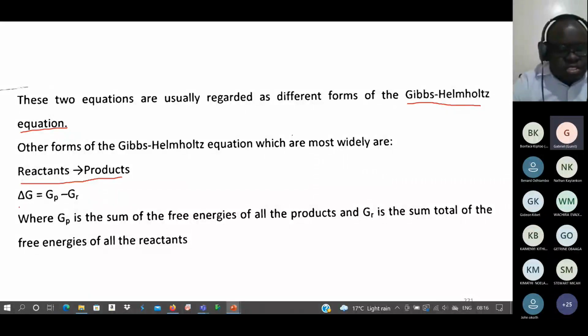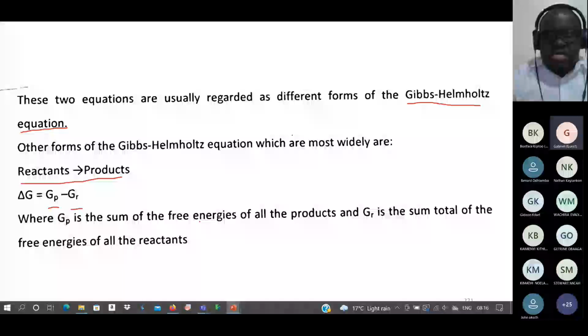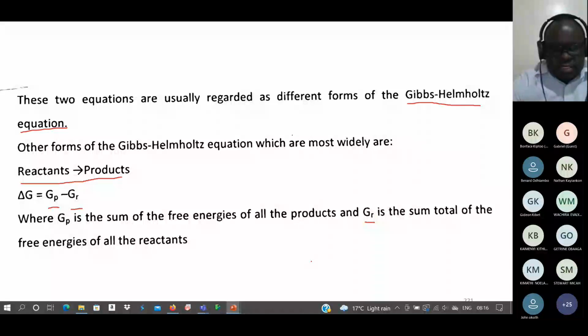Delta G, or the change in the Gibbs free energy, is given by the Gibbs free energy of the products minus the Gibbs free energy of the reactants. So GP here is the sum of the free energies of all the products, and GR is the sum of all the free energies of the reactants.